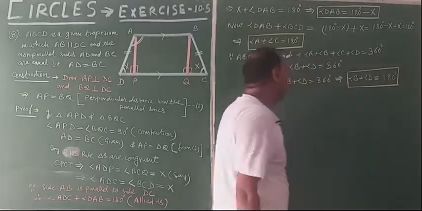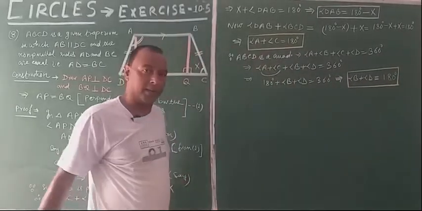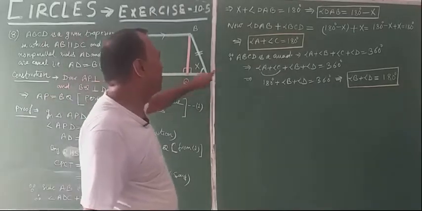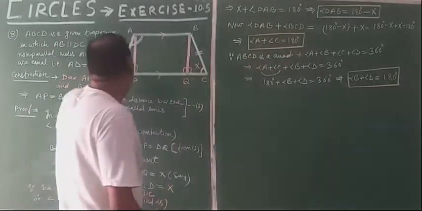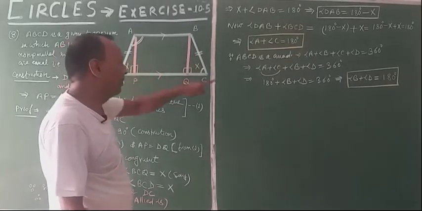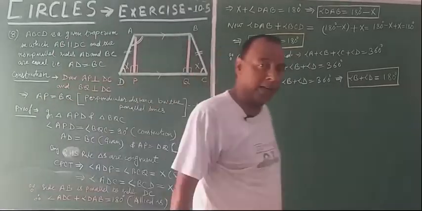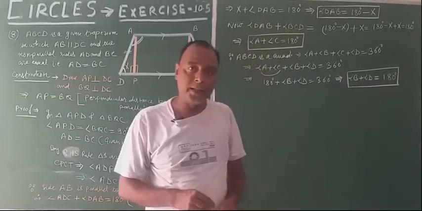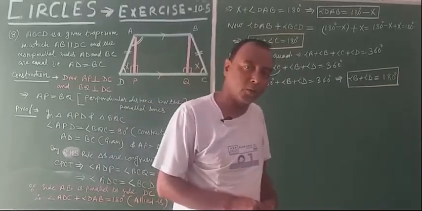Now just look at what is happening here. The opposite angles A and C, their sum is 180 degree. Angle B and angle D, their sum is again 180 degree. Meaning, opposite angles are supplementary. And this happens in the case of a cyclic quadrilateral.